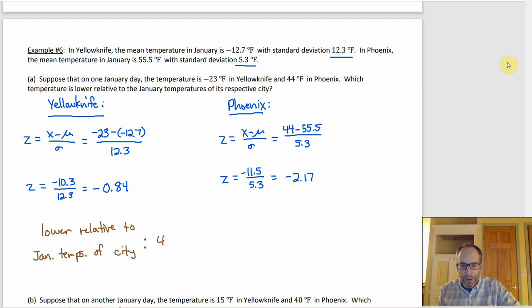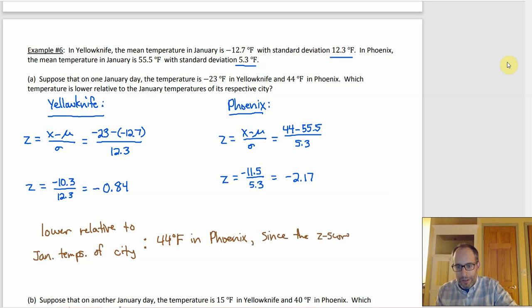It's the 44 degrees in Phoenix, since the z-score is lower, right? We got negative 2.17 for Phoenix. We got negative 0.84 for Yellowknife. So lower z-score is going to be the lower relative temperature. So 44 degrees in Phoenix, since the z-score is lower.